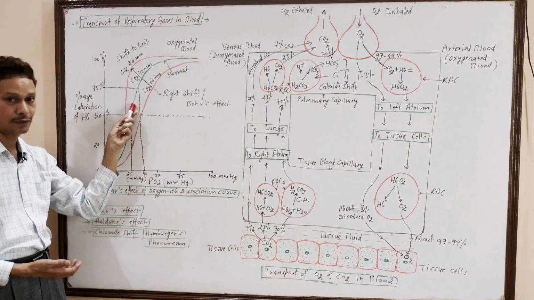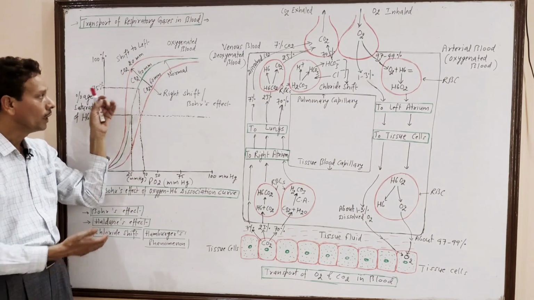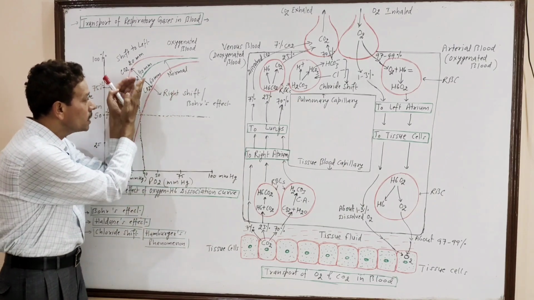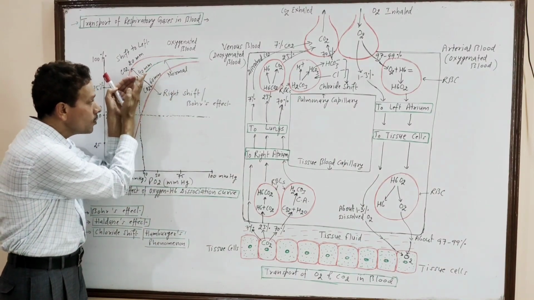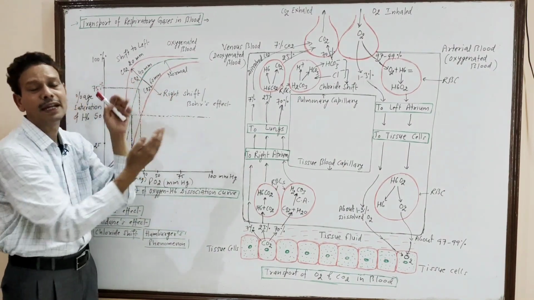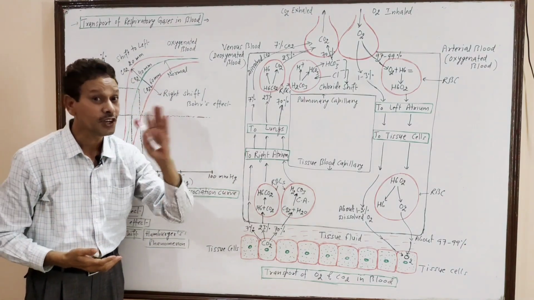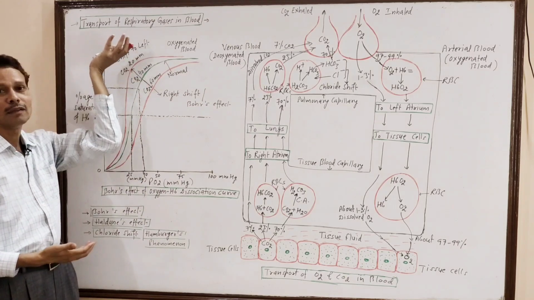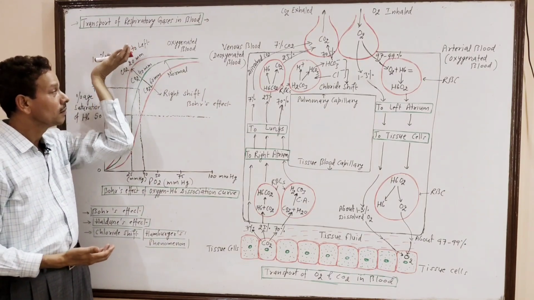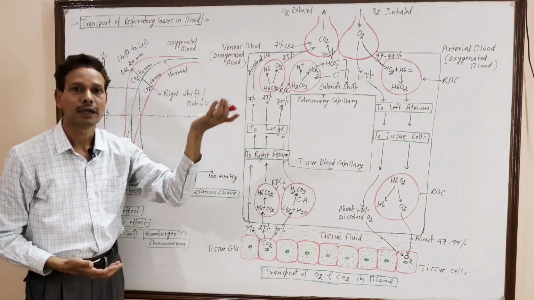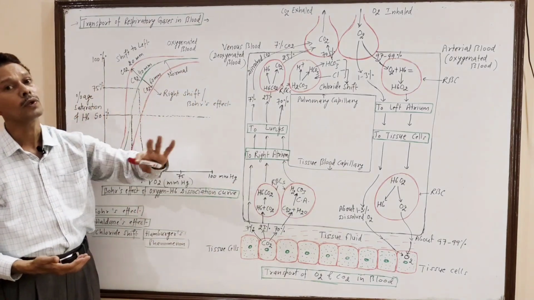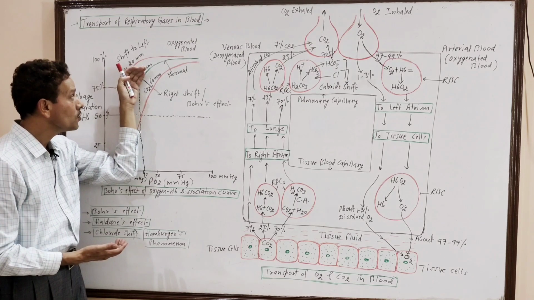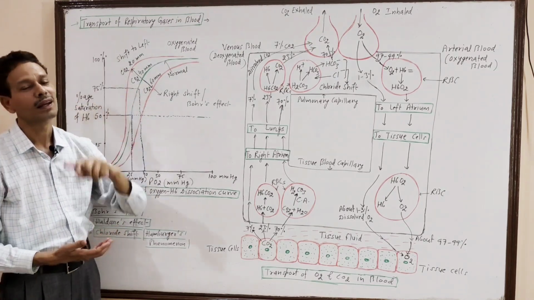When this normal value curve in body tissues, due to increase in concentration of CO2, shifts to the right, it is right shift. It is Bohr effect. But in lung alveoli, the oxygen is more, CO2 concentration is less, and the curve shifts to the left.